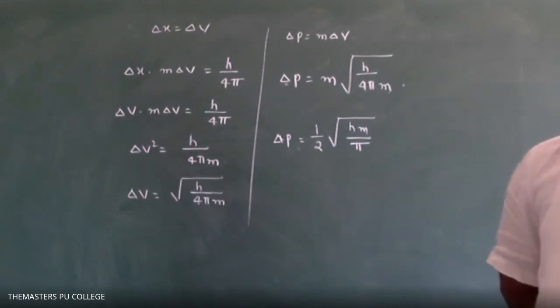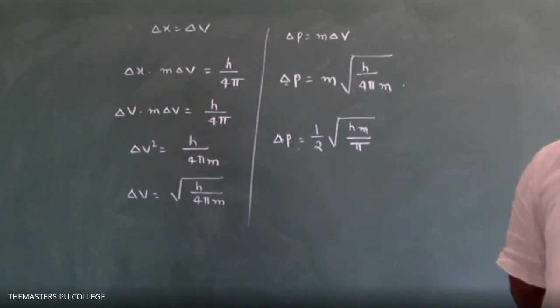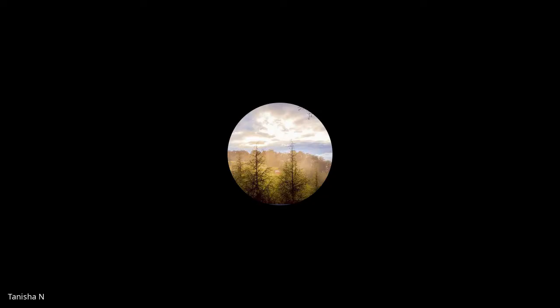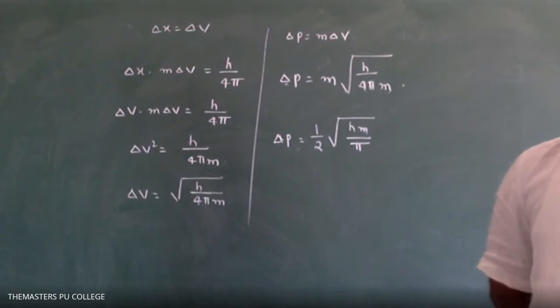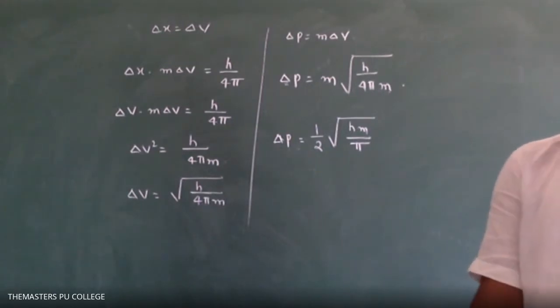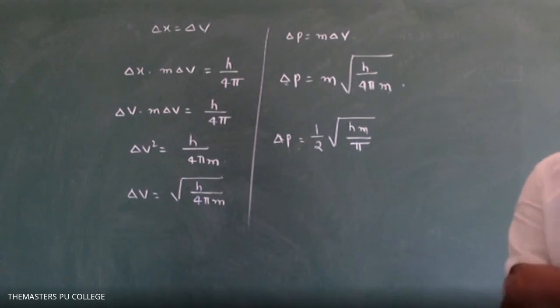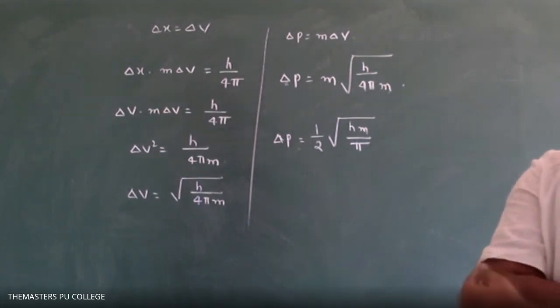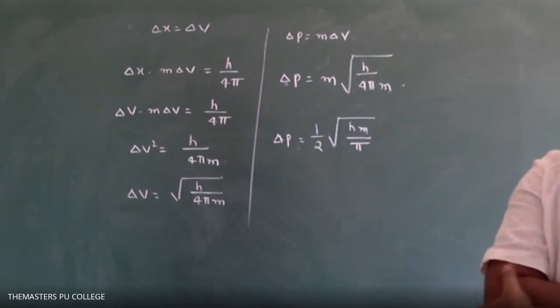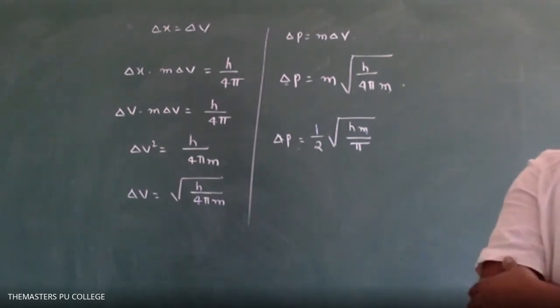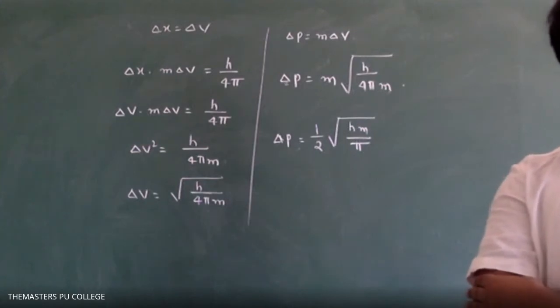If uncertainty in position is 0, uncertainty in momentum is infinity. Yes, I already told this in the notes, in the Heisenberg uncertainty principle. If you know the velocity of electron accurately, then its position is 0.